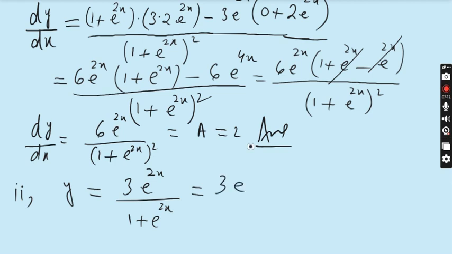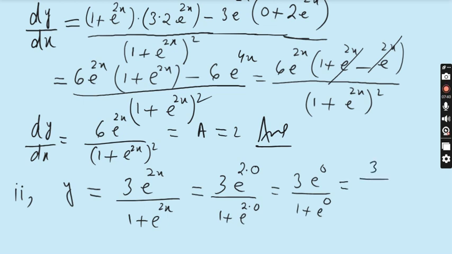So 3e power 2 multiplied by 0 upon 1 plus e power 2 into 0. e power 0 is 1, so it is 3 upon 1 plus e power 0 is 1, so 3 upon 2. So the coordinates are x is 0 and y is 3 upon 2.